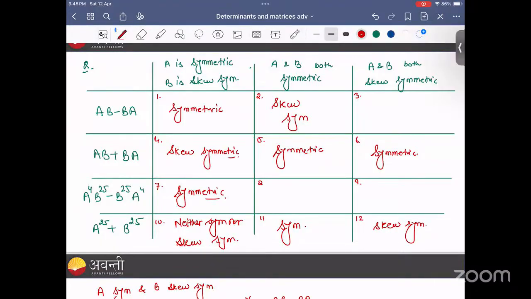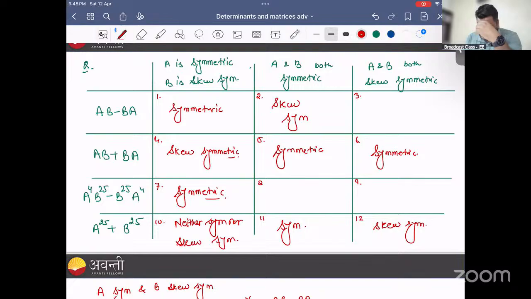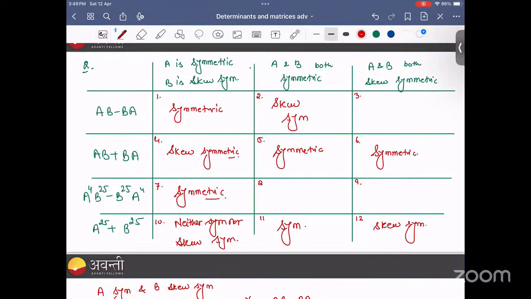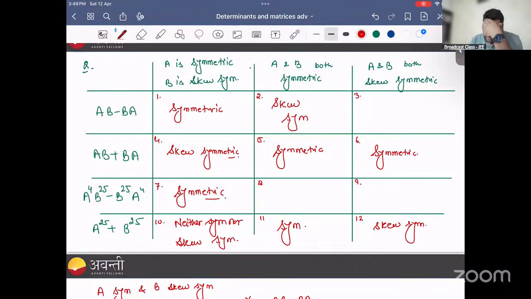Third one also skew symmetric, sir. Skew symmetric. I doubt. I think the third one should be symmetric. A and B both are skew symmetric.